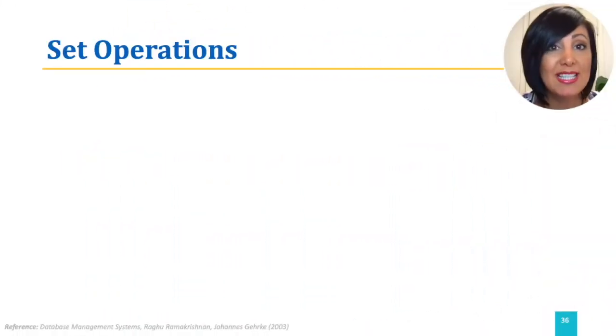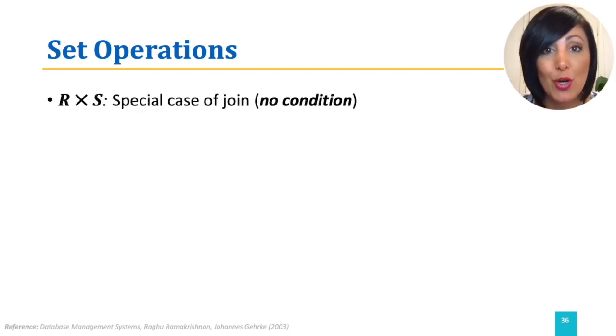Set operations include product, intersect, union, and difference. They all can be implemented as variants of a join algorithm. As we discussed in our join algorithms in the enumeration of cross product for join, product operation can be seen as a special case of join with no join condition.